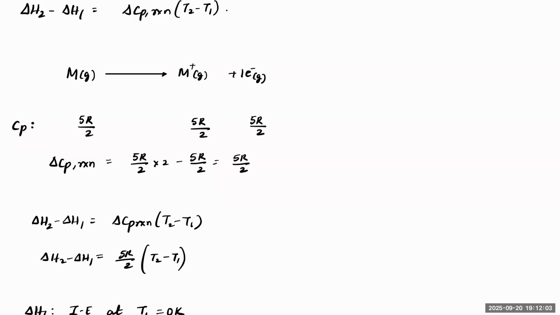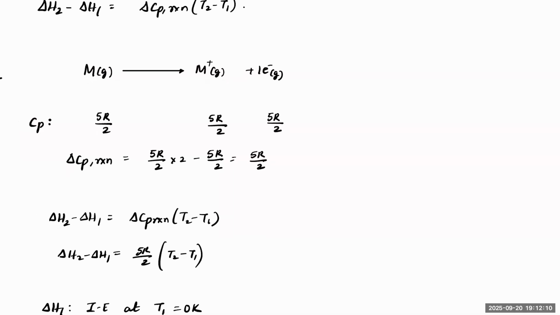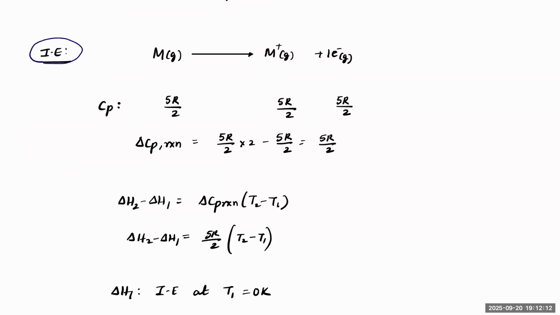So whenever I use the word ionization energy, at the back of my mind I'm operating at 0 kelvins. At 0 kelvins, if a metal releases an electron to become M plus, then the amount of energy required is called ionization energy.